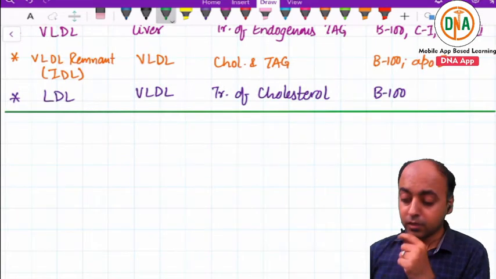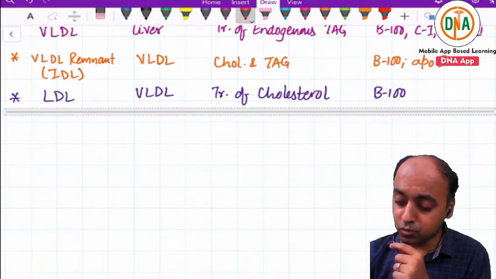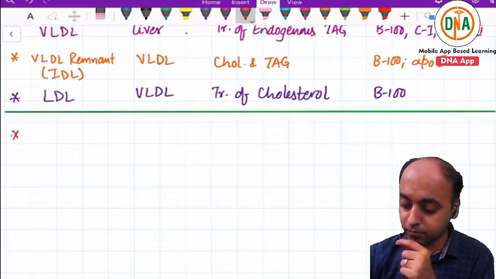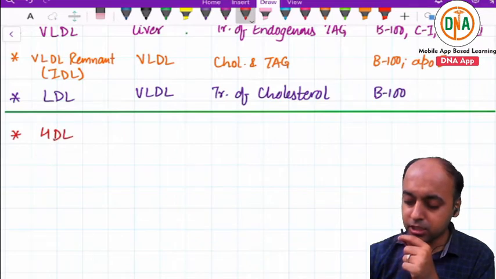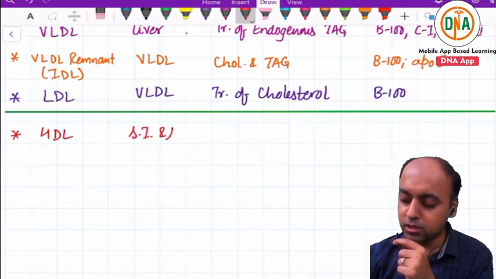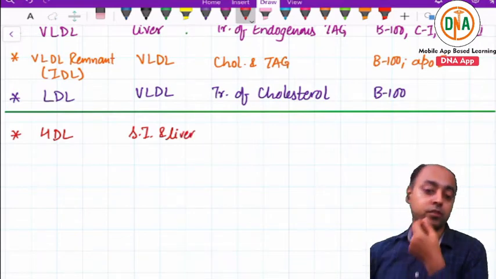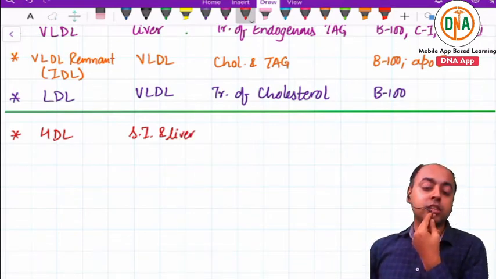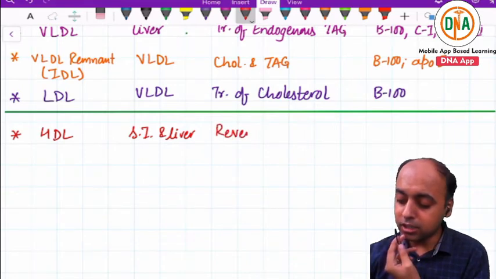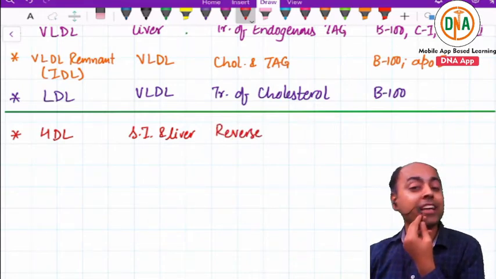Alright. And last we come to the HDL. Interestingly, HDL is synthesized by both the small intestine and the liver. It is responsible for the transport of cholesterol from extrahepatic tissue to the liver.